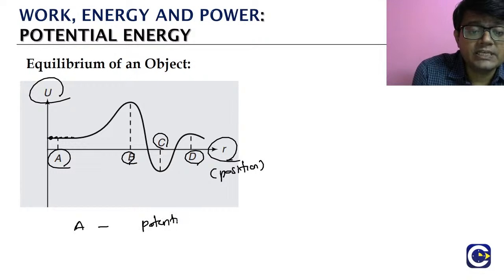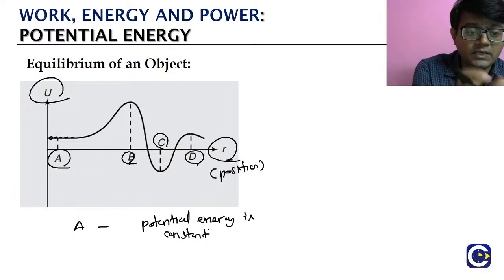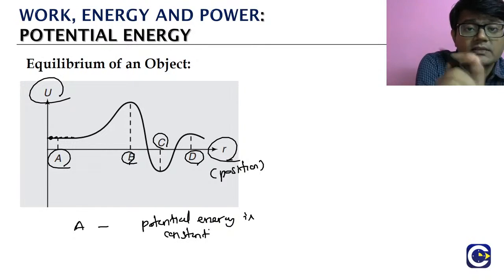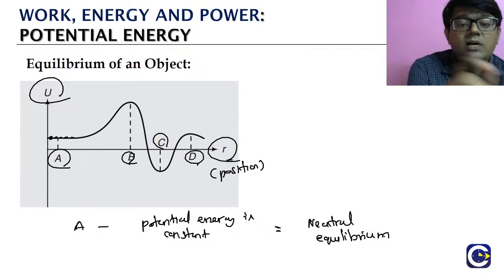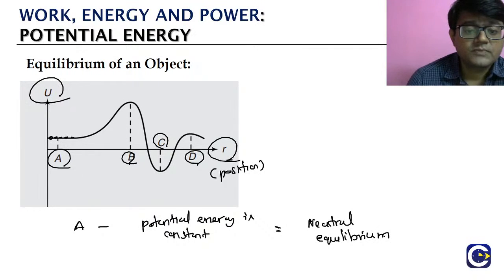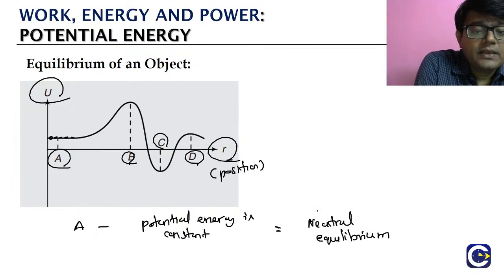At A, and in the region surrounding A, the potential energy is constant, like a horizontal line. So this represents neutral equilibrium. In a region, if the potential energy value is constant, that is neutral equilibrium. Now look at points B and D.